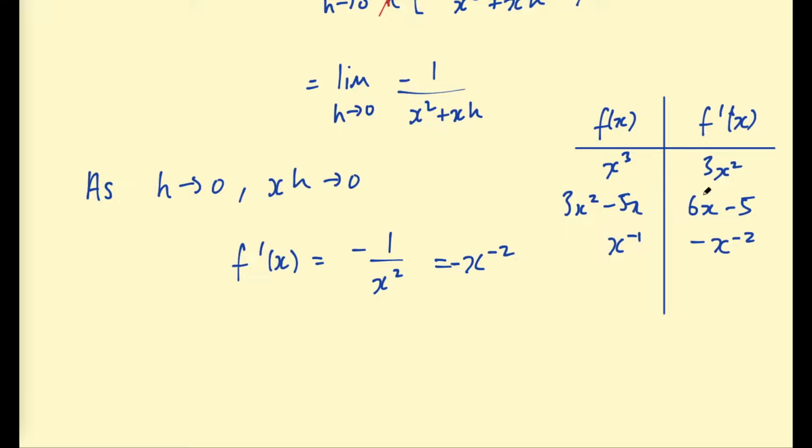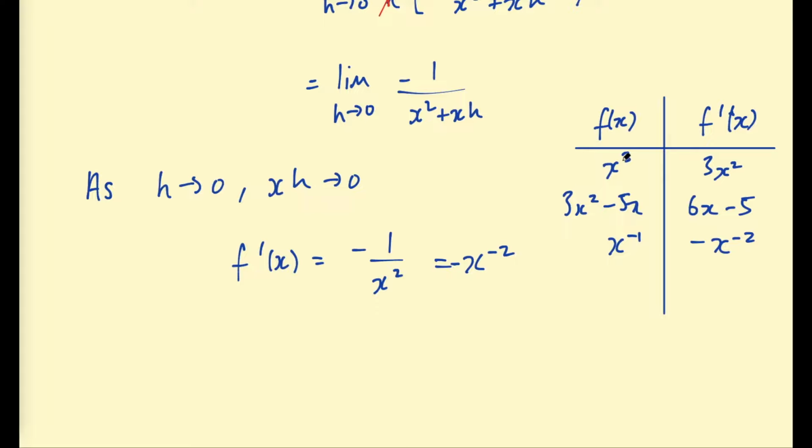So can you notice what's going on here with each function? What I hope you see is that when we have an exponent, say, of 3, we are then multiplying the coefficient by 3. When we have an exponent of 2, we are multiplying the coefficient by 2. When we have an exponent of negative 1, we multiply the coefficient by negative 1.